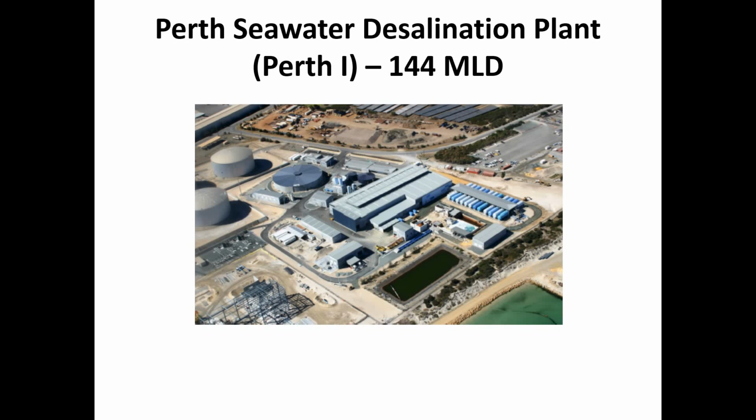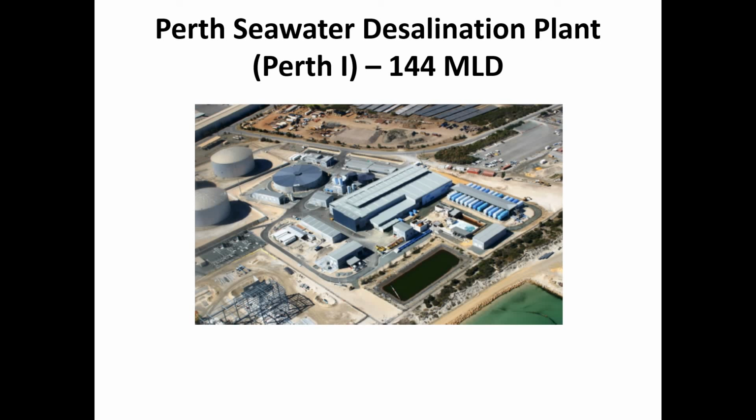In Australia, there are many desalination plants of very large size, from about 150,000 cubic meters per day to about 400,000 cubic meters per day. This supplies water to major cities such as Perth, Adelaide, Queensland and Melbourne and so on.